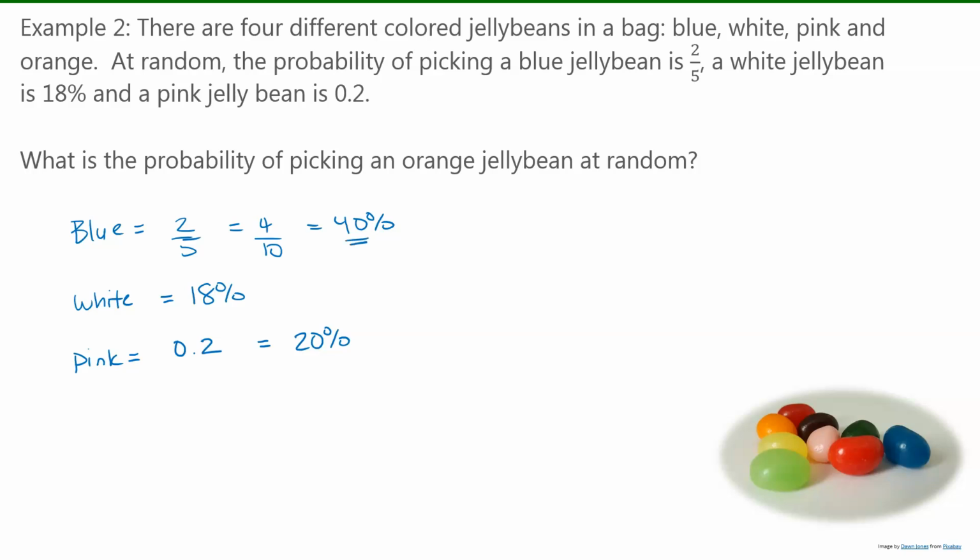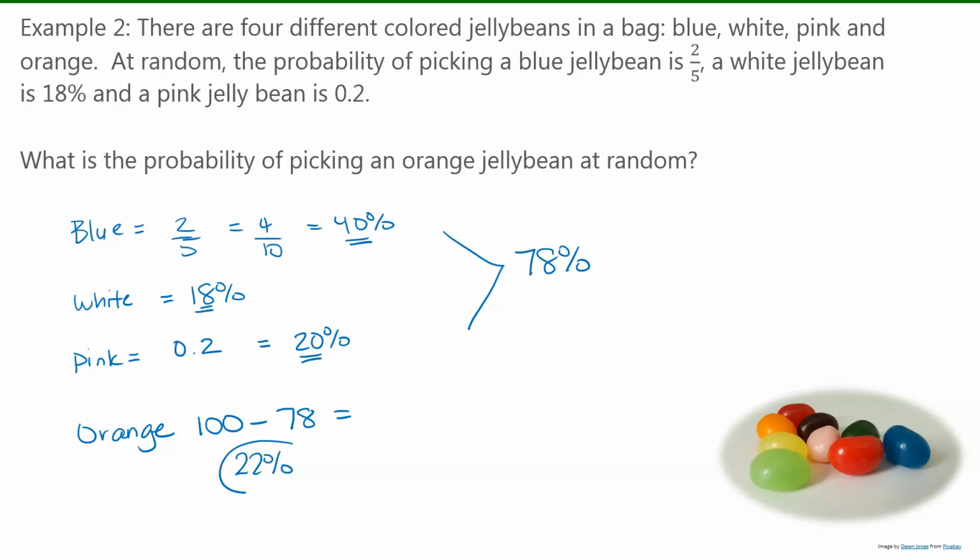So if we add these up, 40 and 20 gives us 60 plus 18. So in total there's a 78% chance that you would pick one of those. So the only colored jelly bean that's left is orange. So the probability of picking an orange would be 100 minus 78. So that means we have a 22% chance of picking an orange jelly bean.